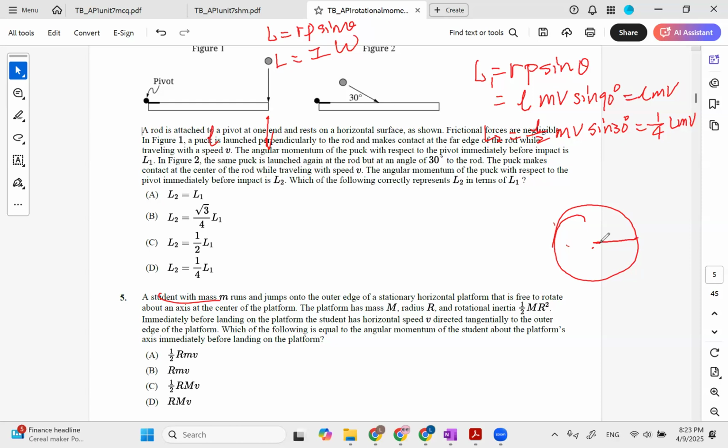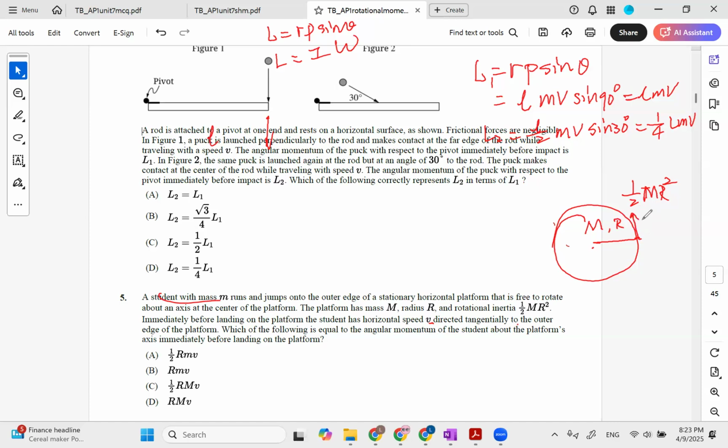And the platform has M and R. The I is half M R squared, right? Immediately before landing on the platform, it has a horizontal velocity tangential to the outer edge.